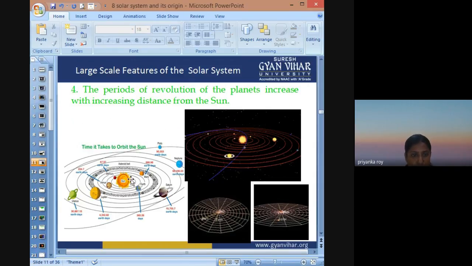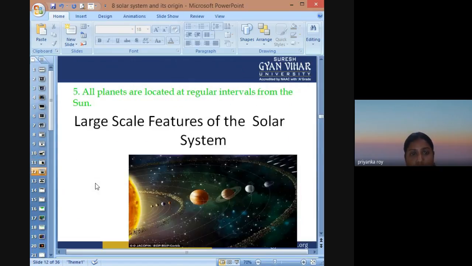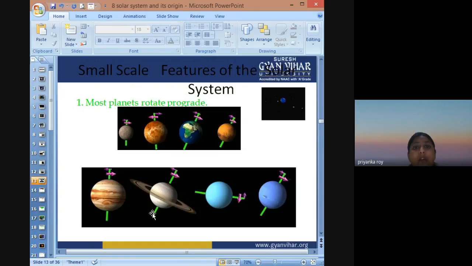Like, if you see, from the innermost planet to the outermost planet, each of them has its own path of revolving around the sun. All planets are located at an angular interval from the sun. When we are talking about angular interval, we are talking about different dimensions of movement.